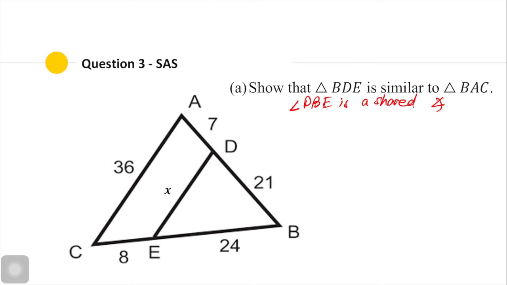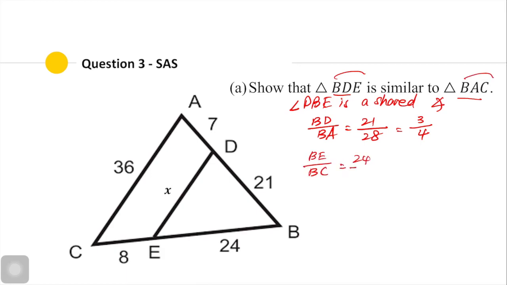So let's look at BD over BA. BD over BA is 21 over 21 plus 7, which is 28. And that divided by 7 gives us 3 over 4. And then the other side, we have BE over BC.